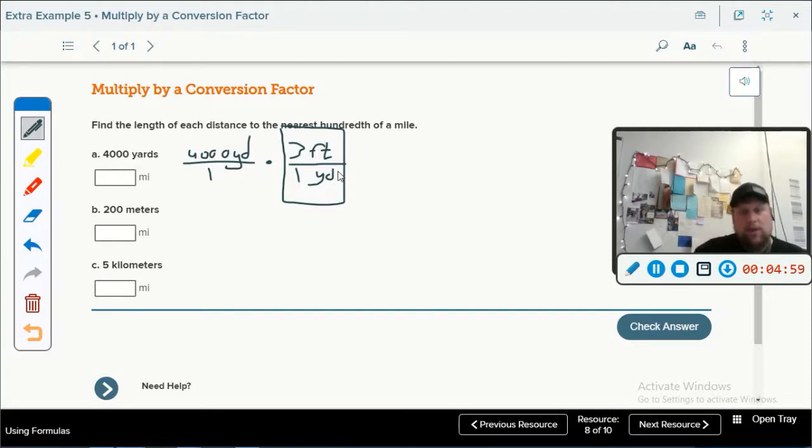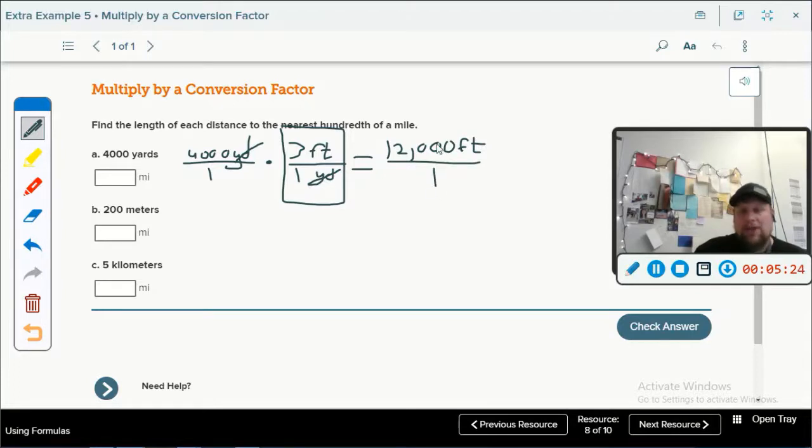Now let's do what we got to do here. I'm going to cancel yards, cancel yards. I'm going to end up with 4,000 times 3, which equals 12,000. But 12,000 what? That's what matters. Now it's 12,000 feet. 12,000 feet is 4,000 yards.